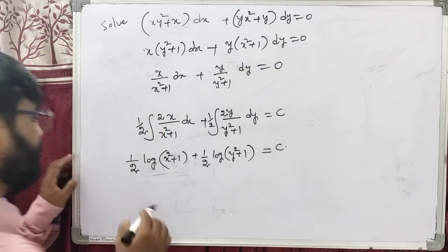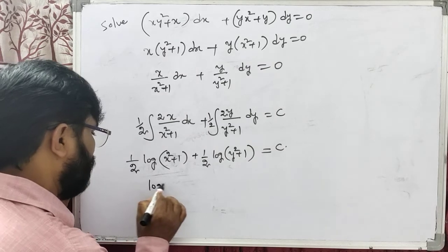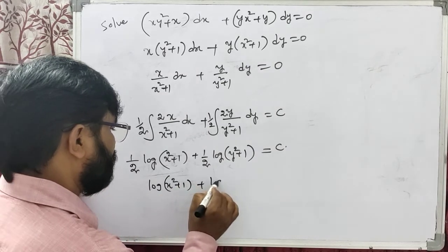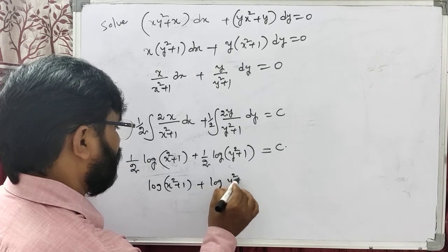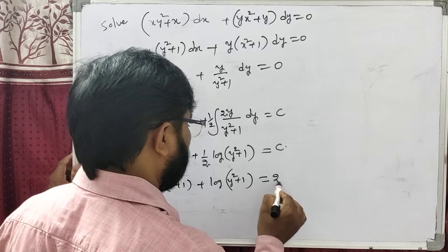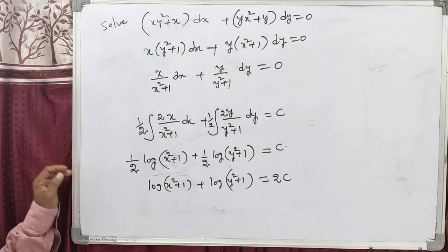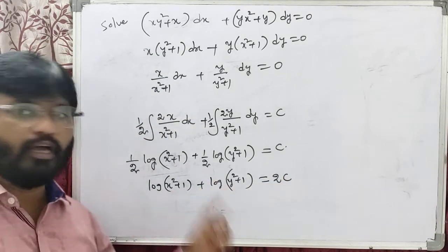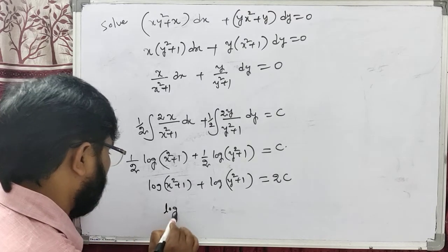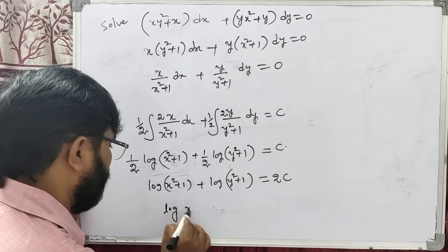Now, students, log(x^2 + 1) + log(y^2 + 1). The LCM is 2, sending to the other side it is 2c. Dear students, log a + log b is log of ab.